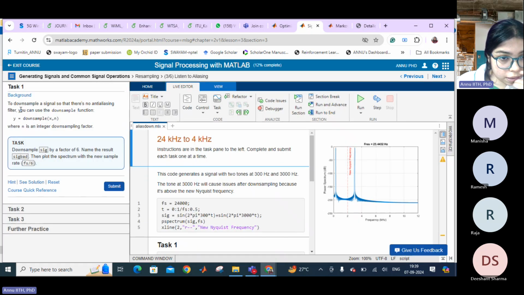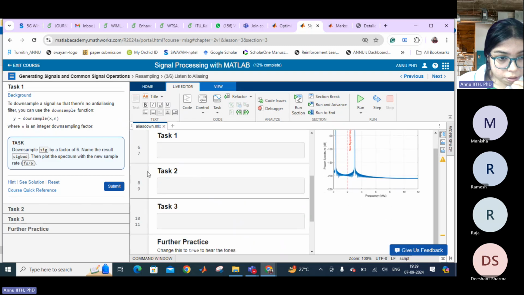To downsample a signal so that there is no aliasing, you can use the downsample function where n is an integer downsample factor.